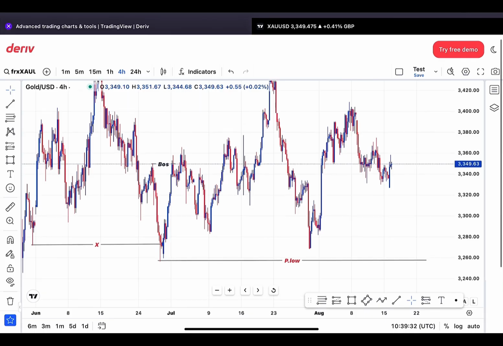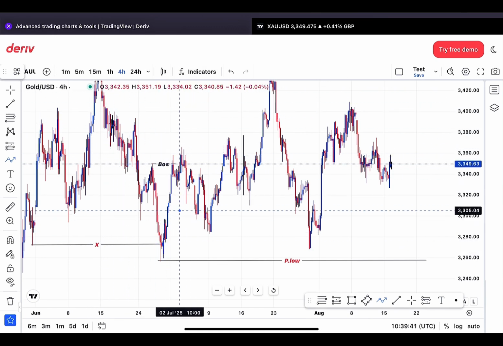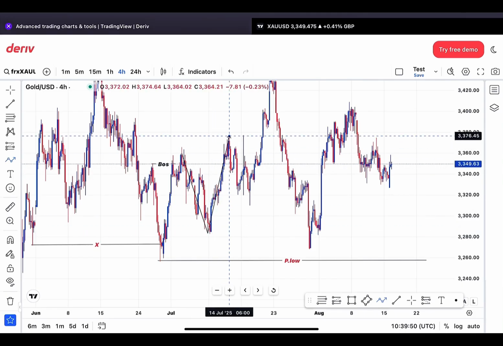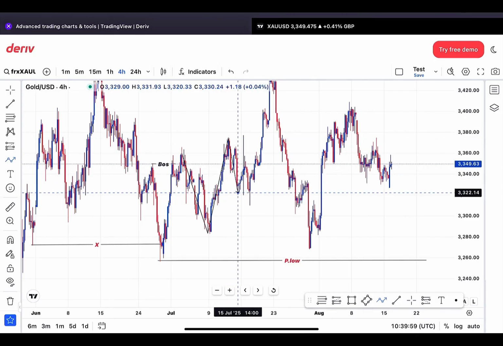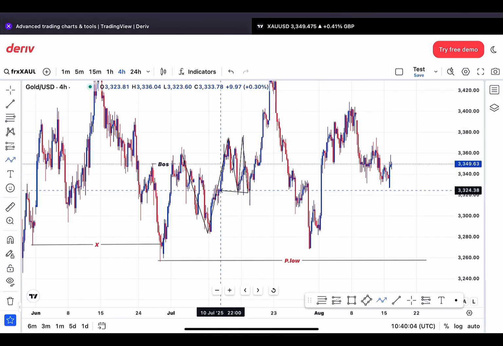So after the price breaks this high to create a new high from this bearish move, which signifies that we are already in a bullish phase, the market now pulls back to do what? To create structural liquidity. Don't forget structural liquidity. And mind you, the market doesn't move in a straight line. I told you in the beginning, you can see some awkward movement like this, but ignore this noise.